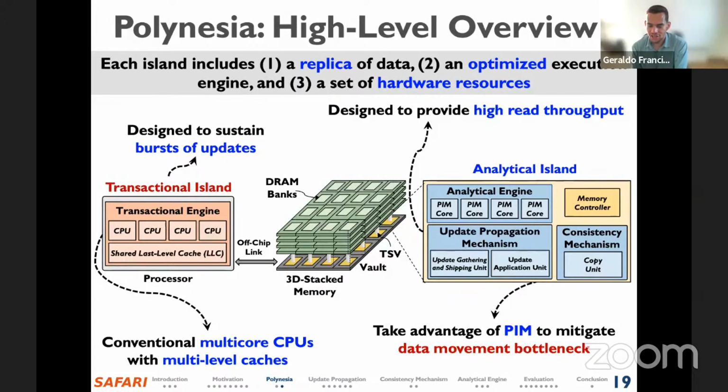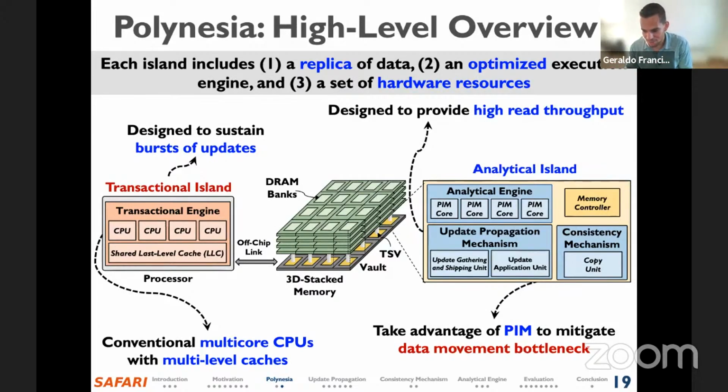They are not shared, they are replicated, because this update propagation mechanism works in a pipeline-like manner: the output of one engine is the input of the other one, and there is a flow that needs to be respected. If you use a single engine, you are going to create a bottleneck during the whole process. So in the end, we have two engines.